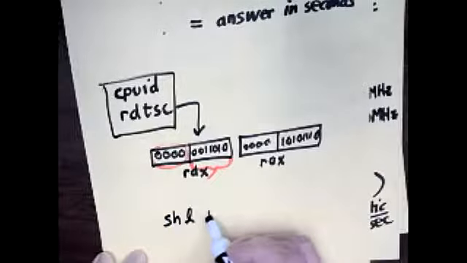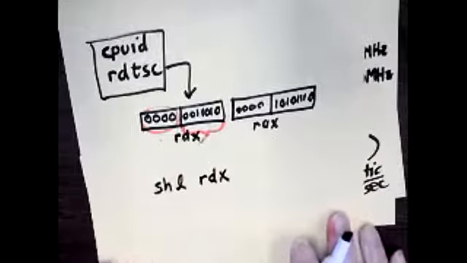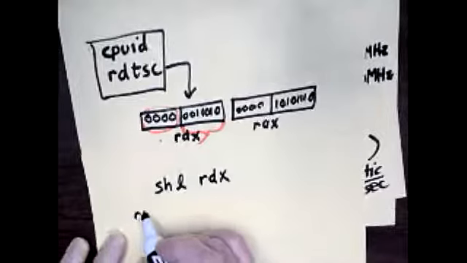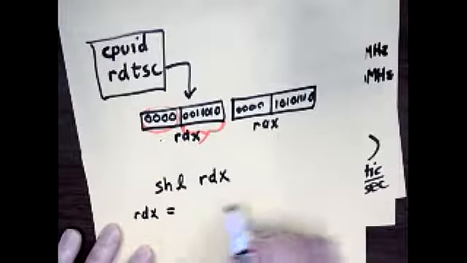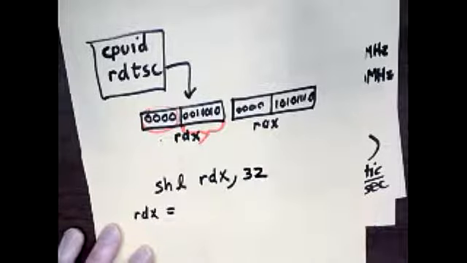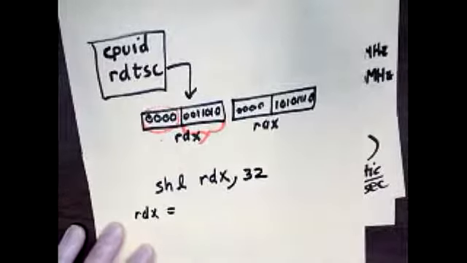Step 2 is to shift to the left RDX. And now, can you see, I'll write it again. RDX now looks like, oh, I forgot, we're going to shift 32 places. 32 bits gets moved over.